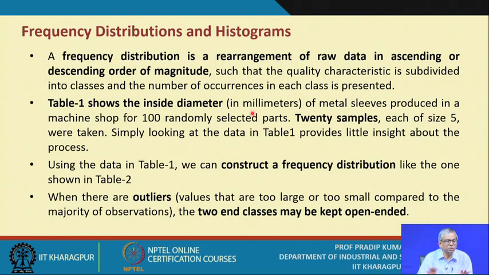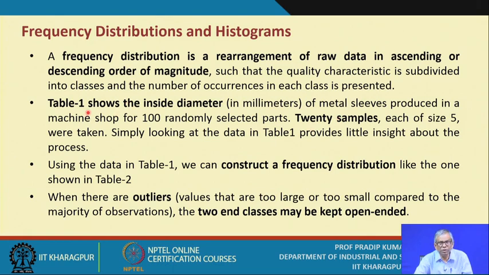And so what is a frequency distribution or histogram? A frequency distribution is a rearrangement of the raw data in ascending or descending order of magnitude. Is it okay? Such that the quality characteristic is subdivided into classes. So there will be class intervals, and the number of occurrences in each class is presented.